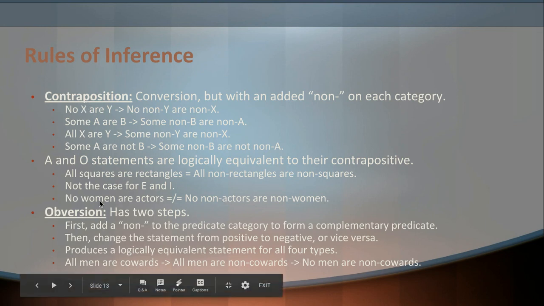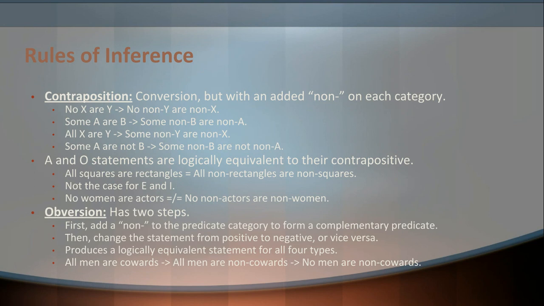For example, if we use the universal negative here, the E statement, no women are actors, that's not equivalent to no non actors are non women. So, no women are actors. Okay, let's take that as true in the most technical of senses. We're using actor and actress in a very strict sense.